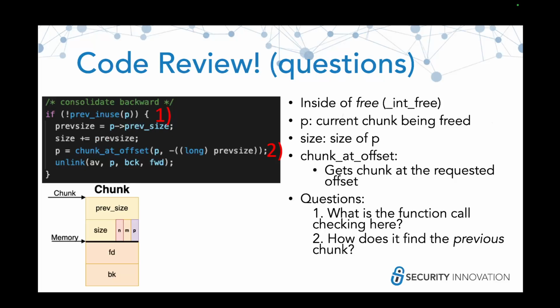We have the size of p, which is just size. And then we have chunk_at_offset, which gets the chunk at a requested offset, which is going to be the size in that case. So my question here is, what is the function call checking here? What is it actually doing? And two, how does it find the previous chunk?